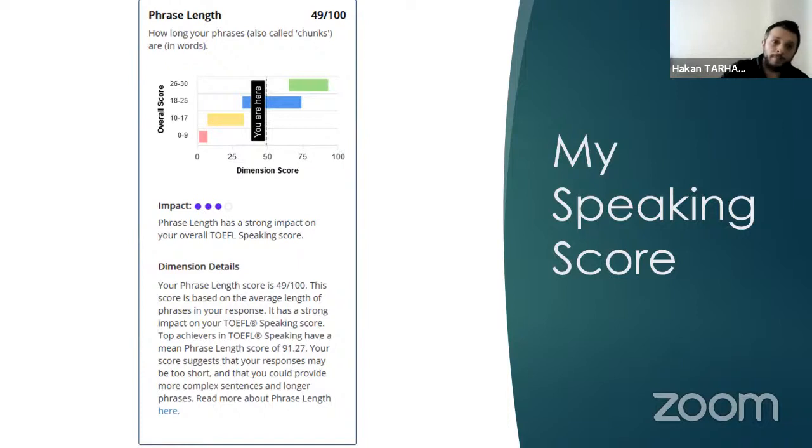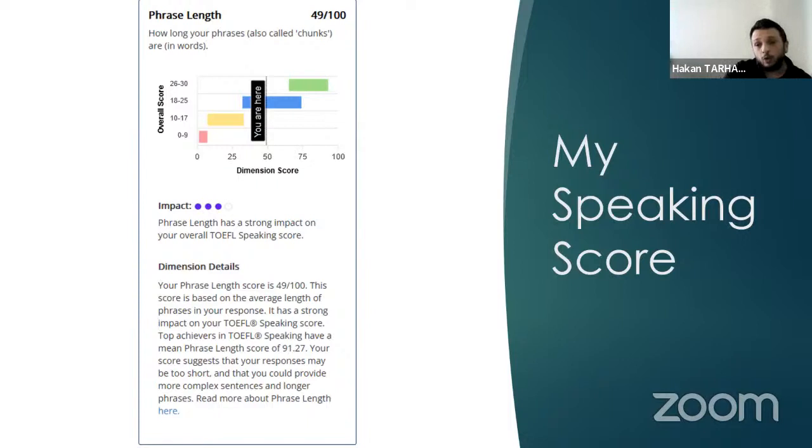Now remember, phrase length was one of the strongest predictors based on our data, and the test taker performed not so greatly on this dimension, which might have decreased her score from 30 to 26. Not on its own, but I'm sure it played a huge role in the drop from 30 to 26.